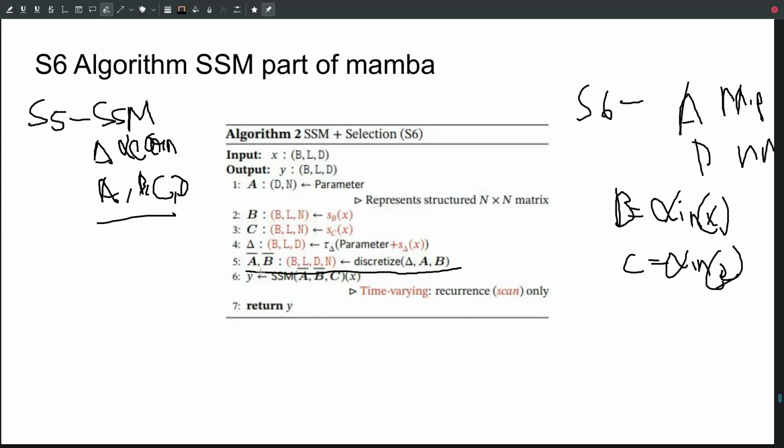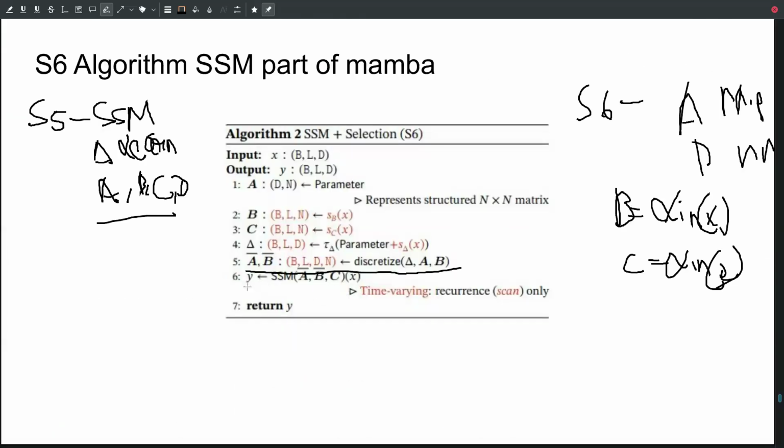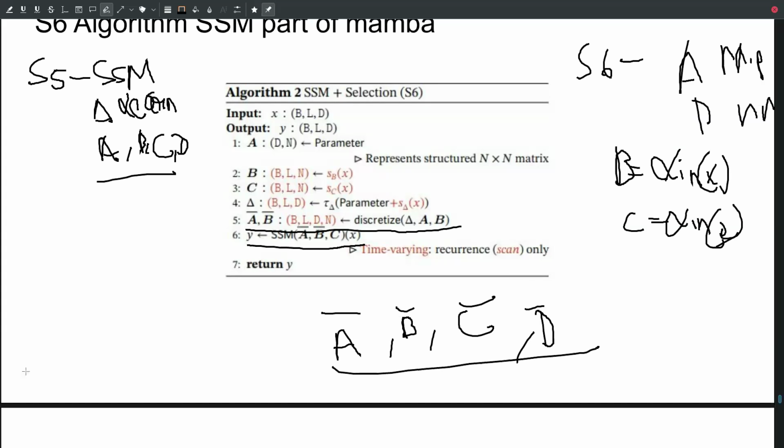And you discretize it with delta, and discretization I'll come to. And you apply an SSM operation, where you have A bar, B bar, C bar, and eventually D too, which in practice they implemented as an option. With these you put in the recurrent equation and get Y back. So that's the thing.